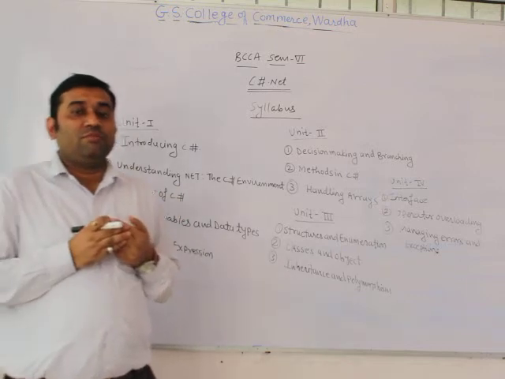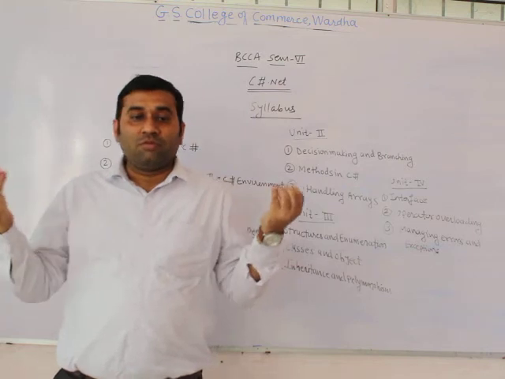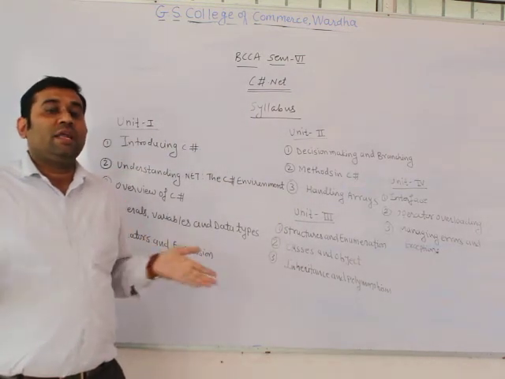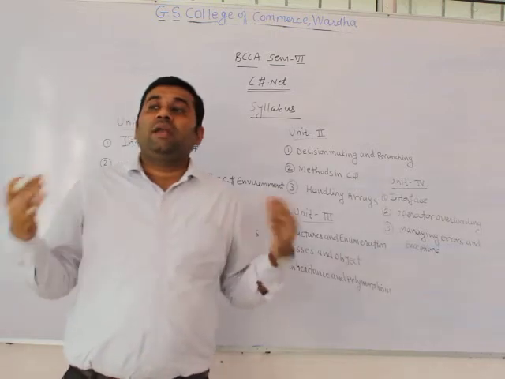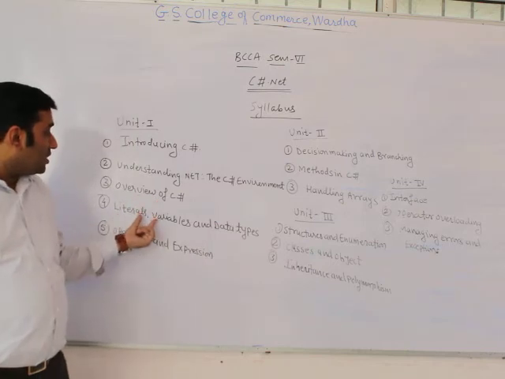Then how to write a simple program, command line arguments, Main with class programming, providing interactive input, multi-line Main method, and compile time errors and how to rectify them. This is learned in the overview of C#.